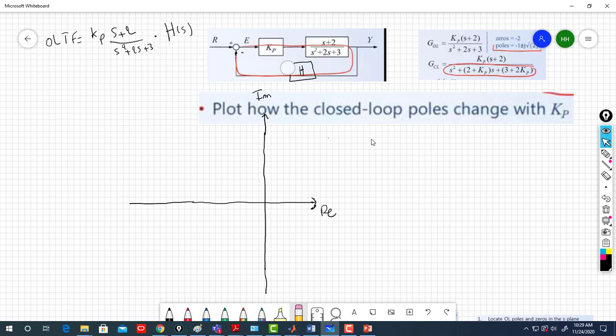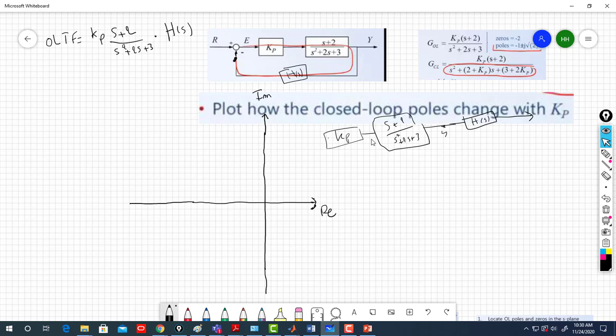Okay, so we opened it. Yeah, but when I open it, this is my H of S, right? So now, if you open it, your system will be Kp times S plus 2 over S squared plus 2S plus 3. This is your Y, and this is your H. So the definition of your open loop: you take the loop and you open it, and you take everything in your path up to this point.